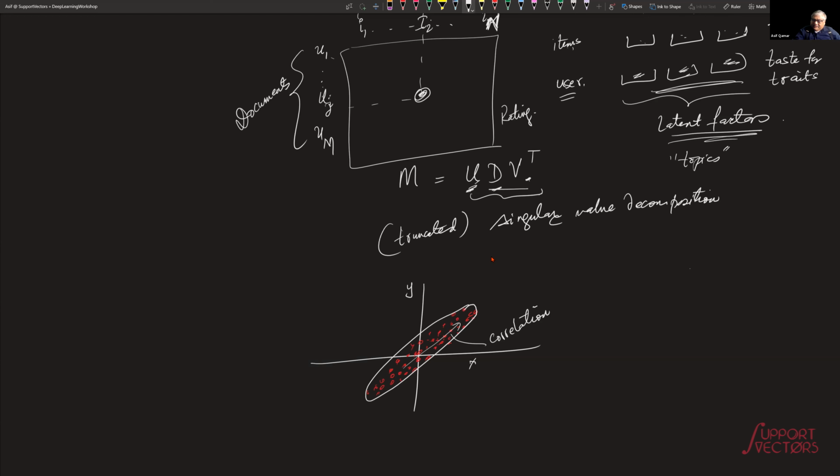On the other hand, if you look at this picture, let me put another color. Actually, let me use red for data. Suppose I take this sort of a situation. Is there a correlation between X and Y in this picture, guys?